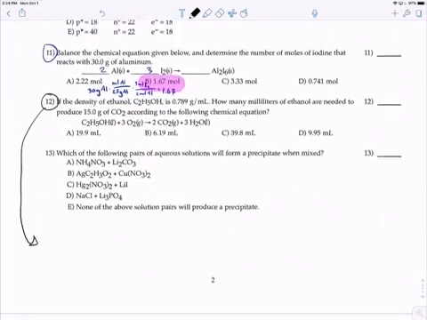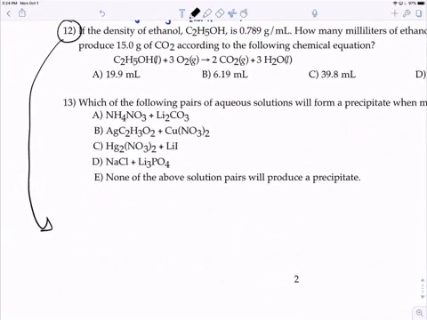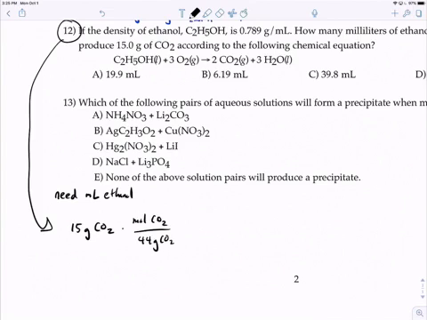So the way you do this is you start with what you know on the left, and work towards what you need on the right. What you need is milliliters of ethanol. And we start off with 15 grams CO2, so times mole CO2 to 44 grams. So hopefully I've got your knee-jerk reaction: moles. Think about moles.